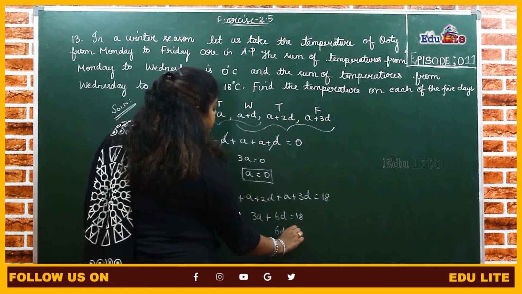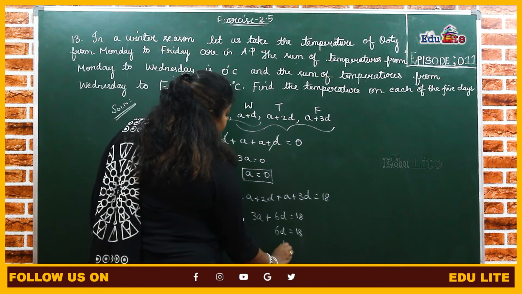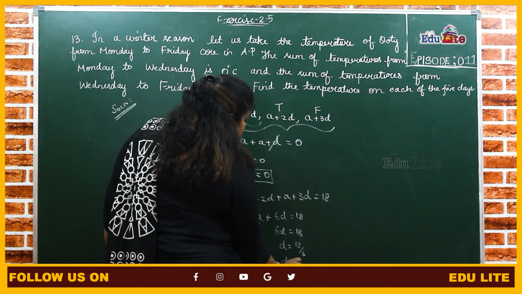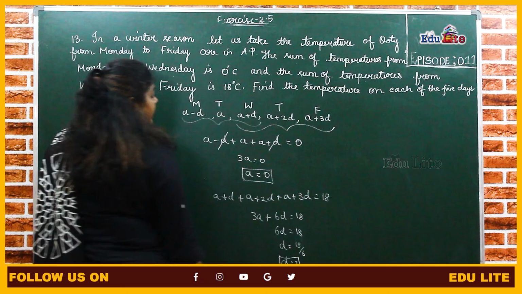Therefore, we get only 6D equals 18, D equals 18 by 6, D equals 3. So, we got the values of A and D.